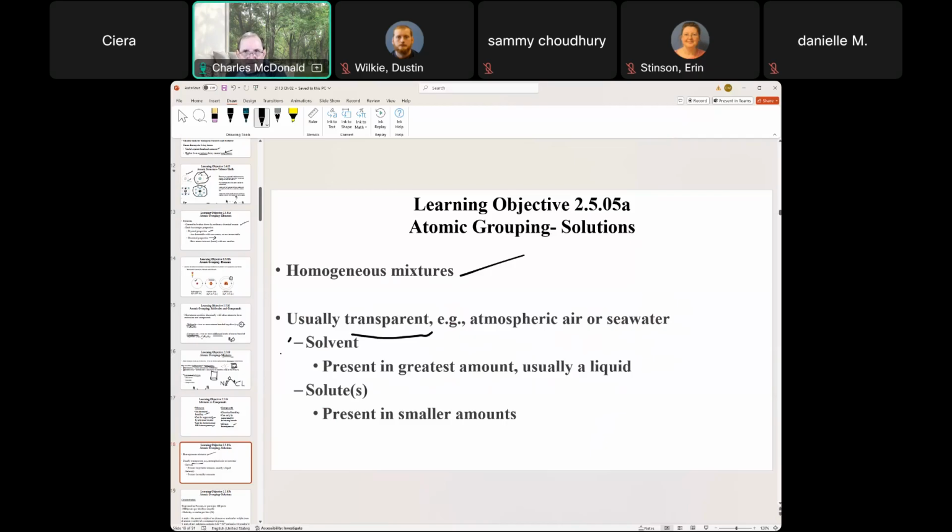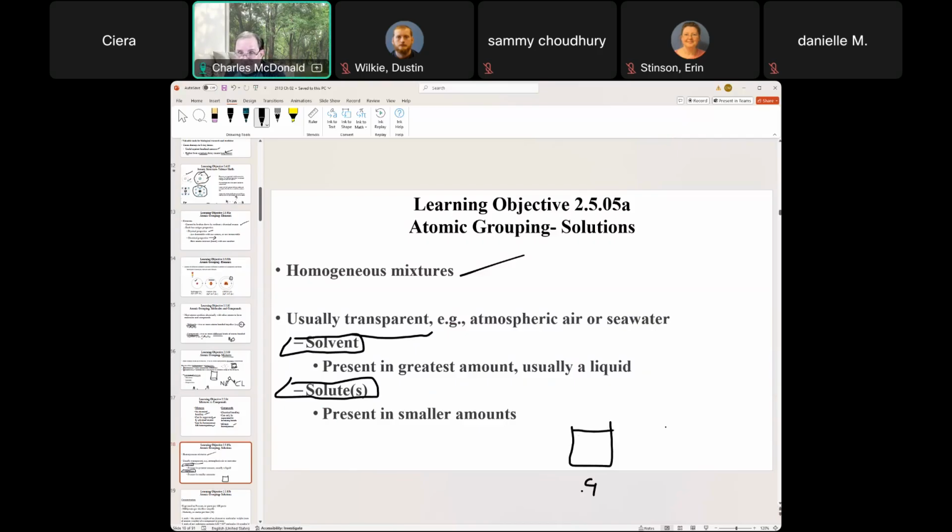Now, in a solution, you've got two things: the solvent and the solute. The way you define those is whatever you have the most of is the solvent. Whatever you have the least of is the solute. Now, in ocean water or human tissue fluid, usually you've got more water and less salt.